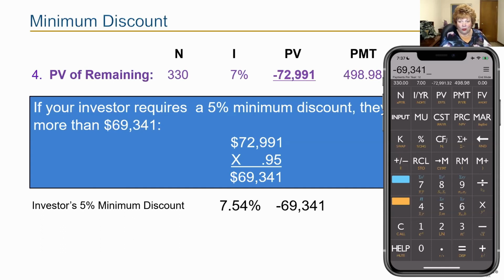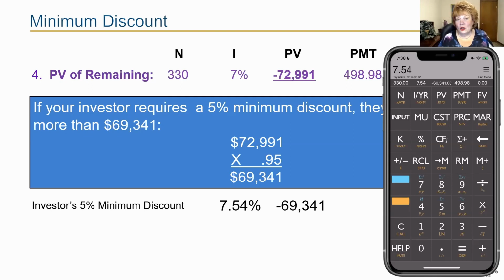And we are going to put that into PV. Okay. And then we are going to solve for I. Just press I. And we do see, in fact, that if an investor who wants a 5% minimum discount is willing to pay 95 cents on the dollar for this note, then his buy rate or his yield to maturity is 7.54%. Okay, so if he likes 7.54%, great, we could go with that.